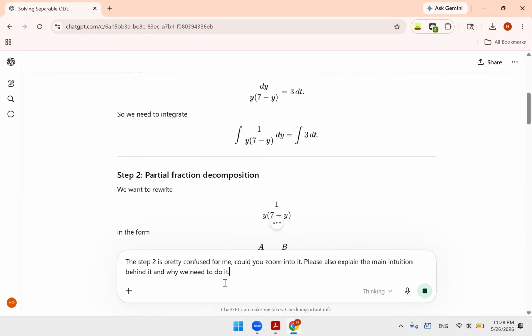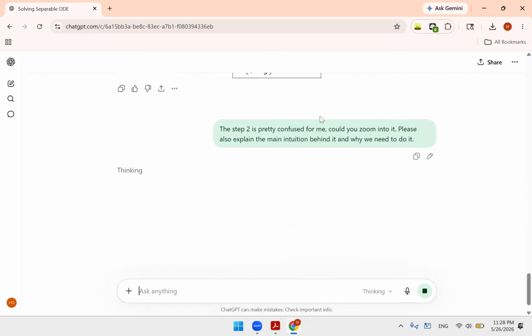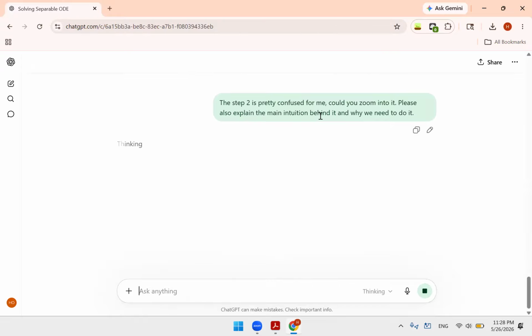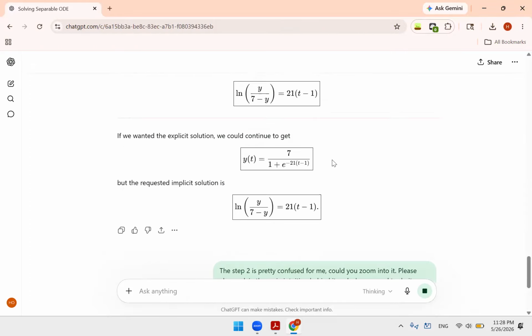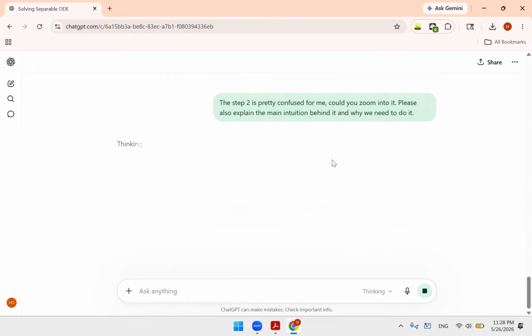Okay, so now we turn to step two. Let's see. It also takes some time to generate the answer for step two.